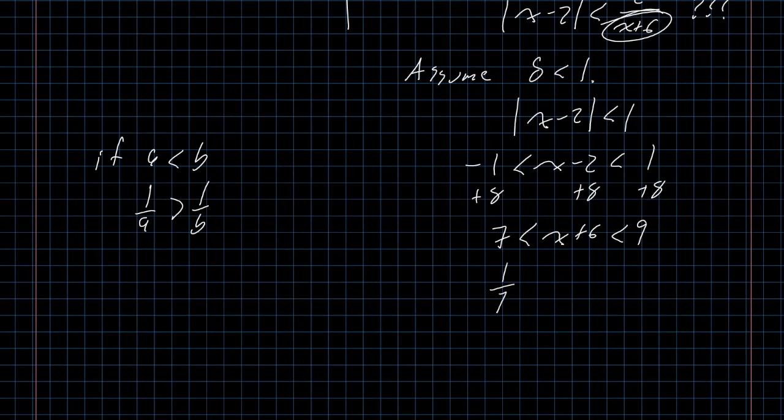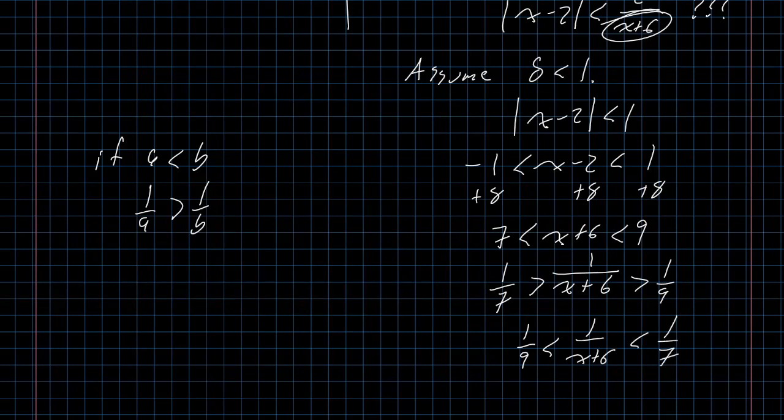So I get that 1/7 is greater than 1 over x plus 6 is greater than 1/9, or in the other direction, 1/9 is less than 1 over x plus 6 is less than 1/7. Right? The fact that it's not so small as 1/9 is not a big deal. The only thing that I really care about is that it's going to always be less than 1/7.